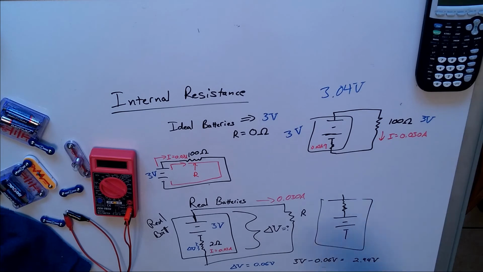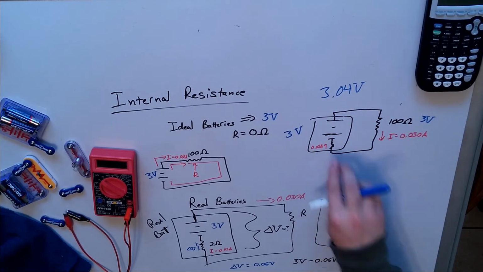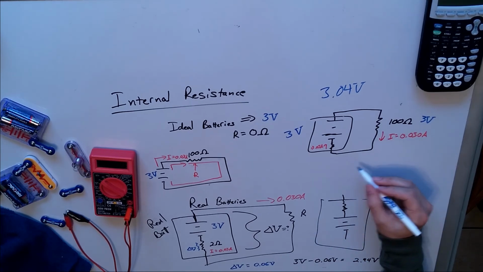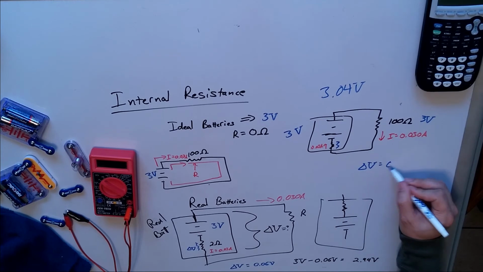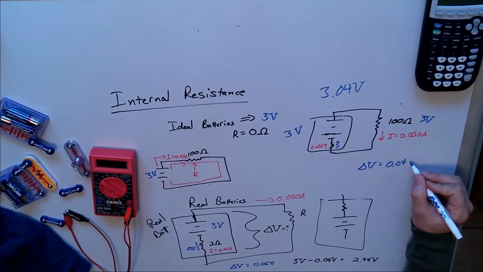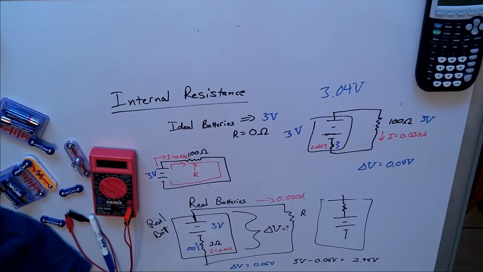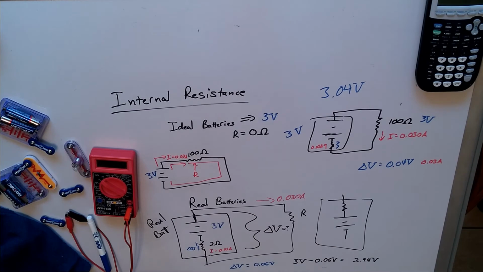We also know that the battery is now registering that it's got 3 volts, but we know that overall, if no charges were going and this resistor wasn't doing anything, that it would be 3.04. So we know that the potential difference across this resistor, delta V, is equal to 0.04 volts, and that the current going through that resistor is 0.03 amp.